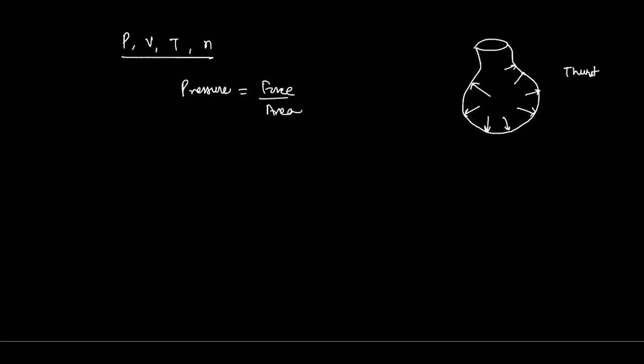So it is a perpendicular force that acts on an object, and we call it force, by an object, or mainly we are dealing with gases and liquids, because we are studying states of matter, and in states of matter we are going to deal with two states here, gases and liquids. The solid state will be studied in the next class, in 12th standard. So pressure is equal to force upon area, and its unit would be Newton per meter square.